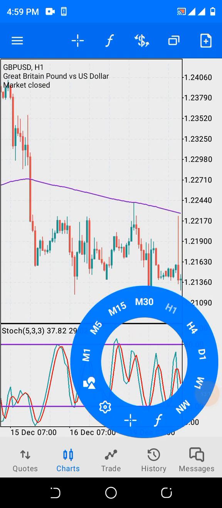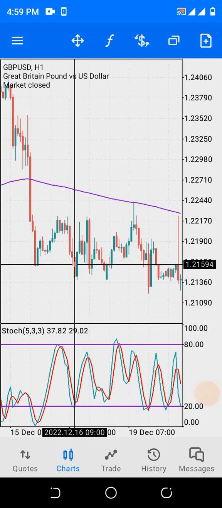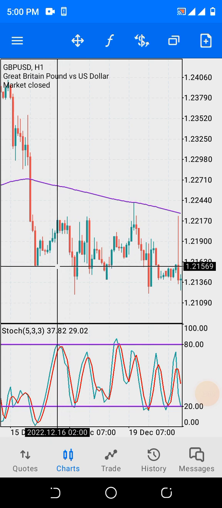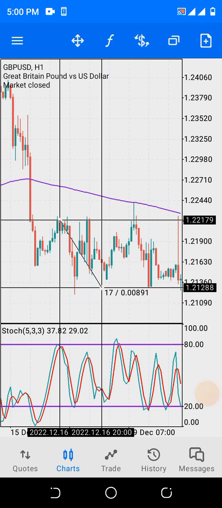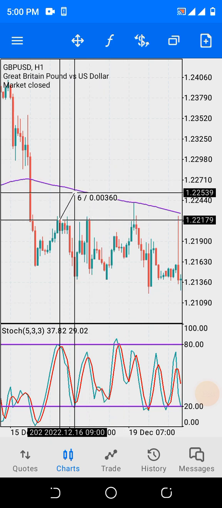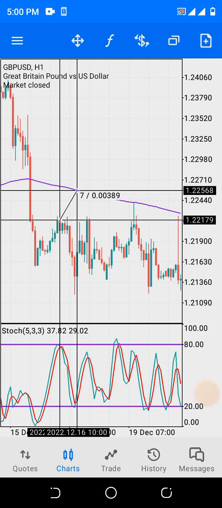This is overbought here. So from here to this moving average is 0.00377. So times 3 of this, that is where our take profit should be. So times 3 of this should be 0.009.